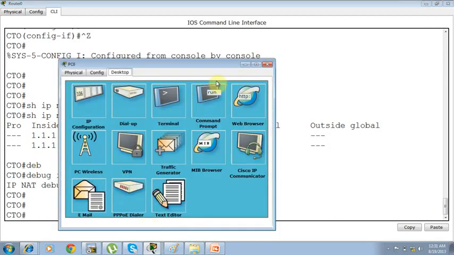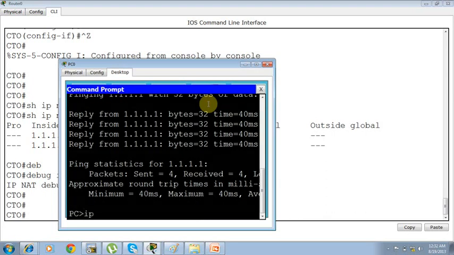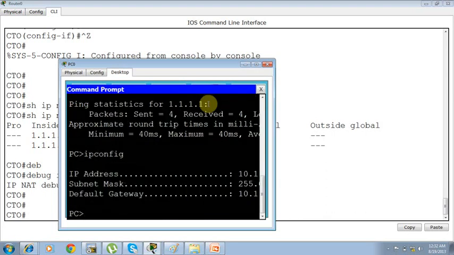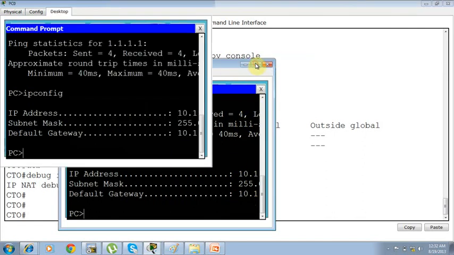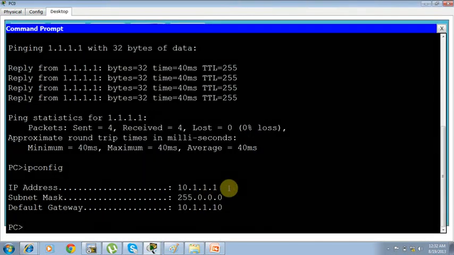So you can see here that I come on this computer. Which computer? I show you. You can see here, this is 10.1.1.1, the PC0, and I ping 1.1.1.2, which is the IP address of the service provider router.